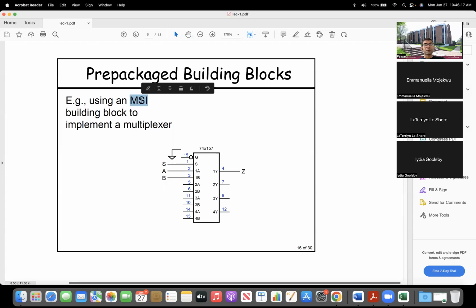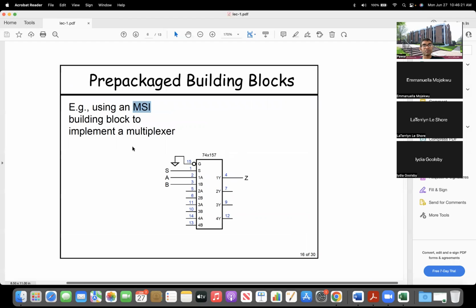One of these is called MSI, building blocks. I won't go into details on what MSI is. If I asked you to give me two examples of using these gates, you can give me one example like a light bulb. You have electricity, and to control that electricity, you use these gates.